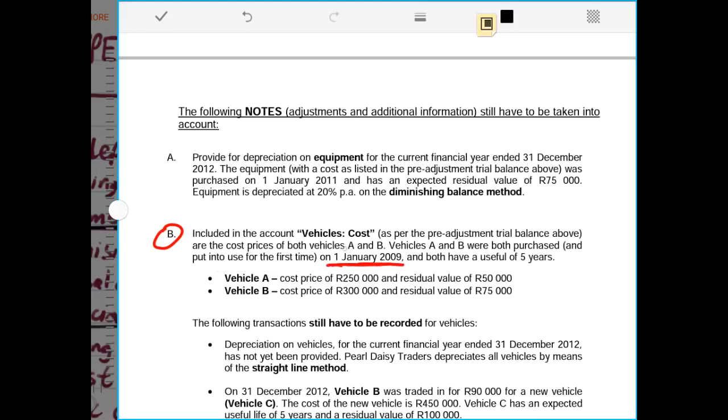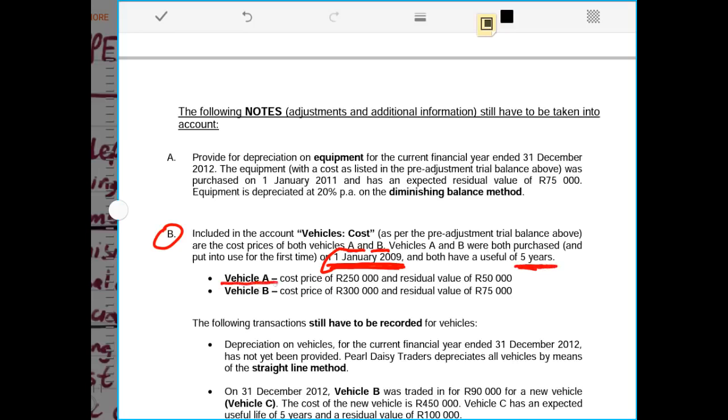That means both motor vehicles were bought on the same day. Remember, the accounting period ends in December, which means it starts in January each and every year. So these two vehicles were bought at the beginning of the year 2009, and both vehicles have a useful life of 5 years.